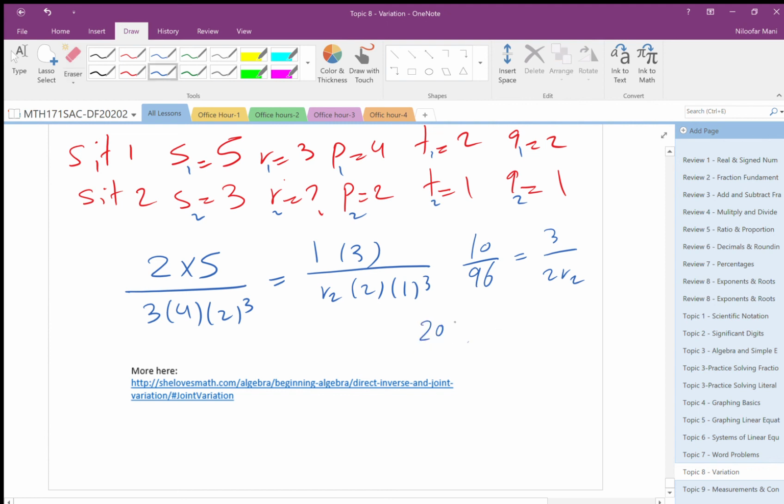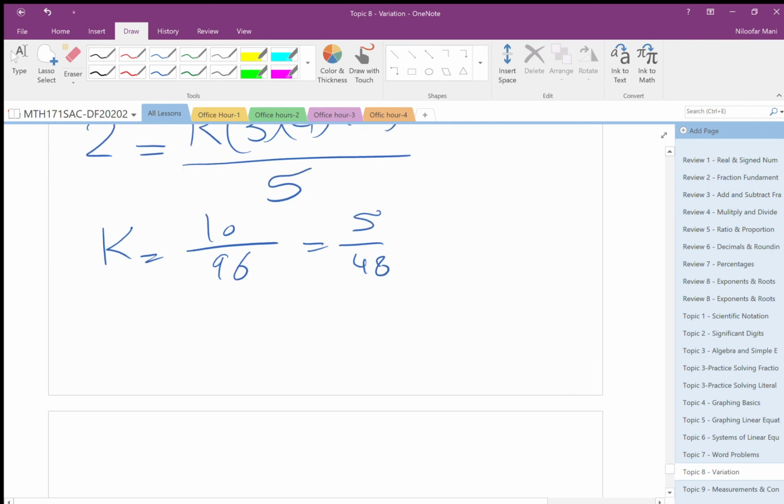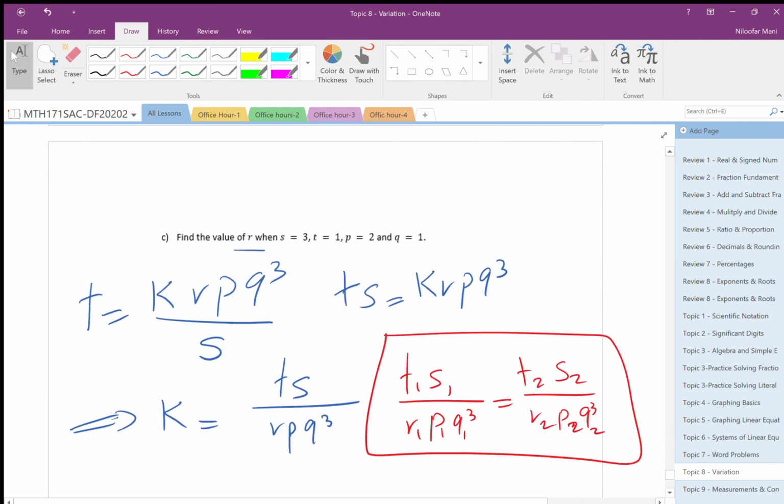Now I have 20 R2 equals 3 multiplied by 96. R2 is 3 multiplied by 96 divided by 20, which is 14.4. When I found K, I could just use my original formula, substitute K, and find my answer. I didn't need to do the red one.